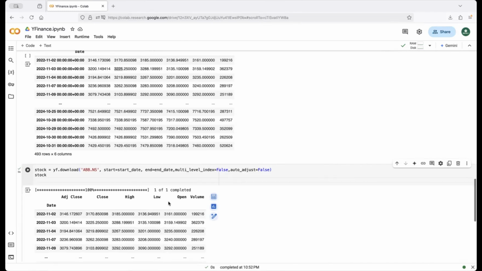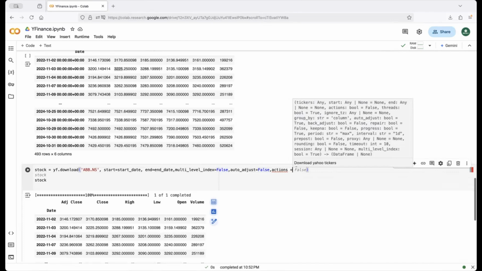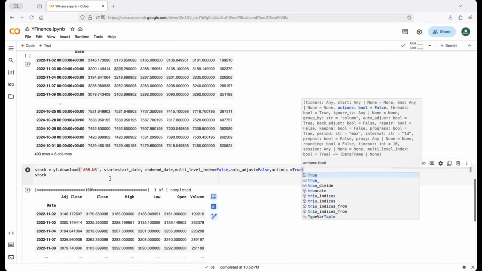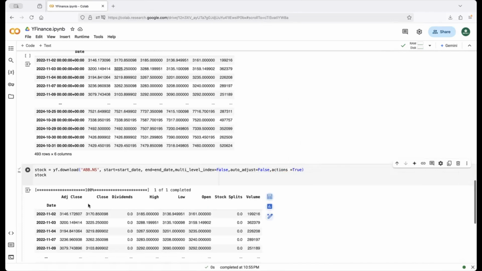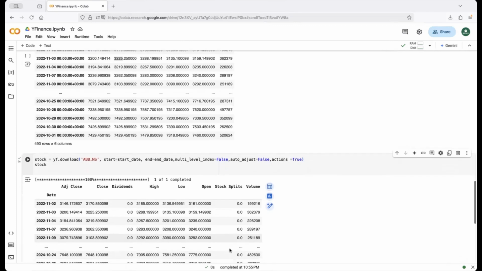So if I want to see the dividends for ABB in this case, what you can simply do is add actions equal to true, and that should ideally give you the dividends and any stock splits, etc. Now, let me put this data into an Excel and show you how adjusted close prices are actually computed.